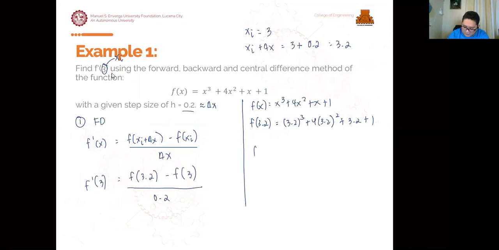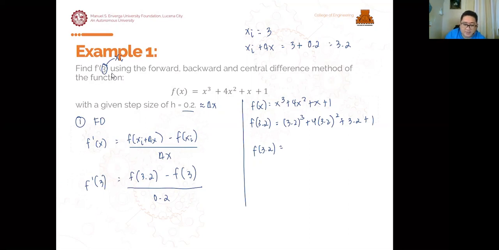Okay? The value of f of 3.2, when we get it from the calculator, is 77.928. Okay? Then the other given we need is f of 3: 3 cubed plus 4 times 3 squared plus 3 plus 1. The value we get is 67. Okay?